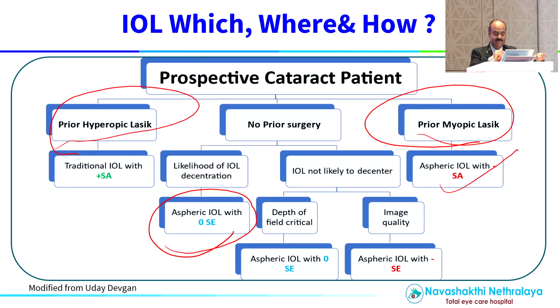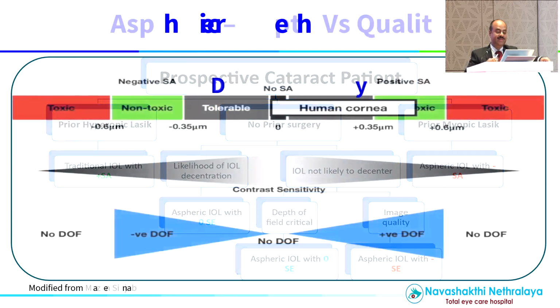There are lenses available; we'll come to that again. Now, if IOL decentration is not likely to occur, then you look at the other options that are available, where depth of field, that is multifocality or whatever you call it, or image quality. For this, I have a couple of other slides; we'll go there.